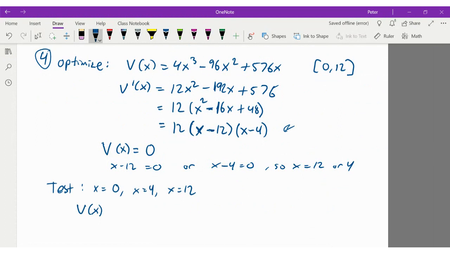Which of these values gives us the largest volume? So you have to plug it into the original function, V(x). We know what V(x) is because it's up here. So we want to find V(0). Clearly, since we have x in all the terms, that's just going to give us 0.